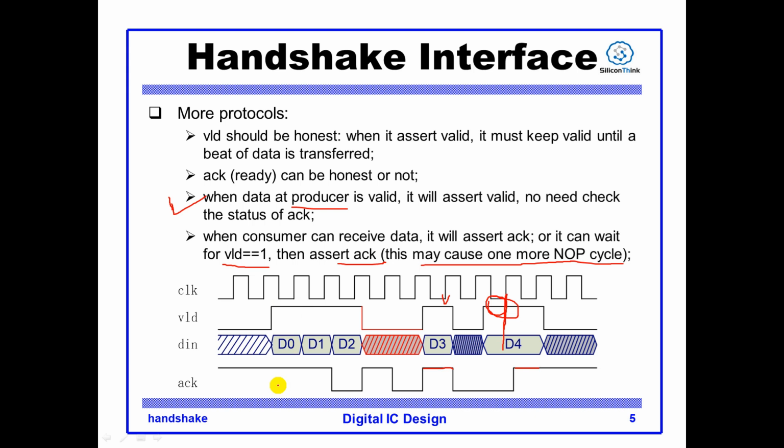So if block A and block B check the status of each other, they may be in a deadlock status. That is, when both ACK and valid are low after reset, there will be no data transfer between them. None of them can go high. So they are deadlocked. Okay, that's all for the handshake interface.